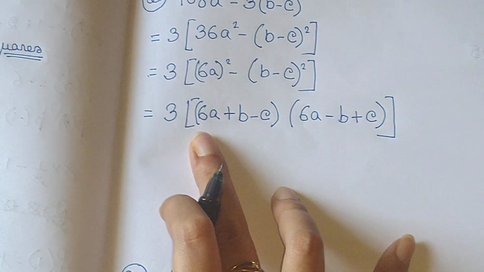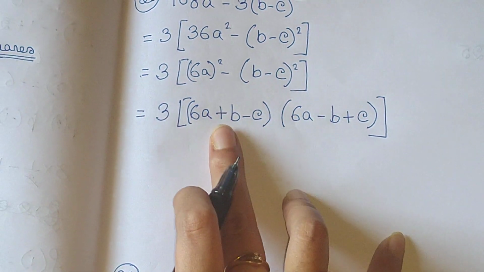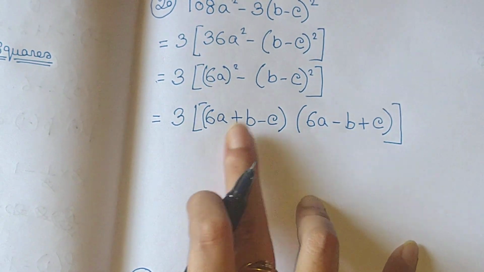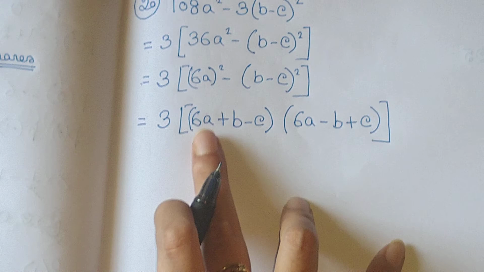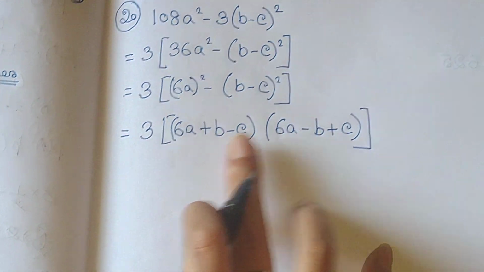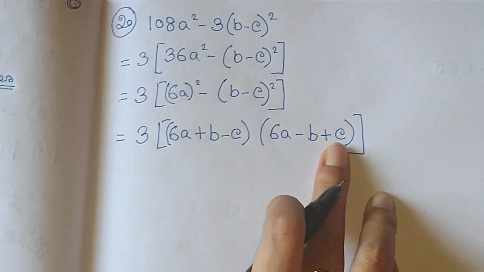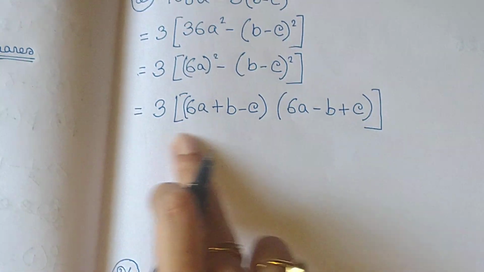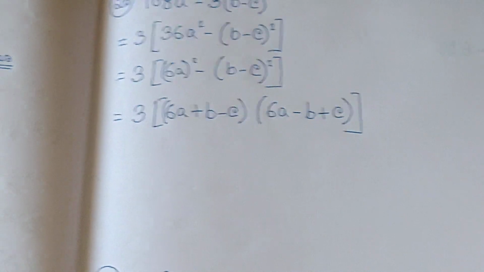So here we are having 6a plus b minus c. Since over here plus sign I have written, this minus sign didn't change, so I have written minus as it is. So 6a plus b minus c and 6a minus b plus c, and 3 I have taken common, so 3 I have written outside. So this is the main factorization.